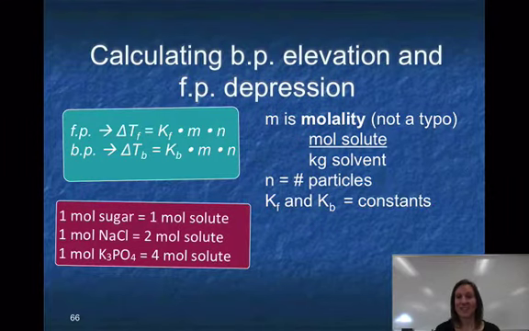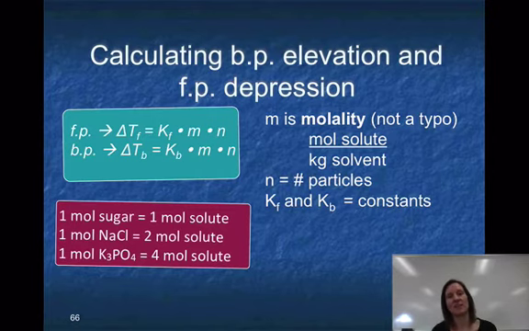So how do we mathematically calculate how much we have elevated our boiling point or decreased our freezing point? Here are your equations, one for freezing point, one for boiling point.